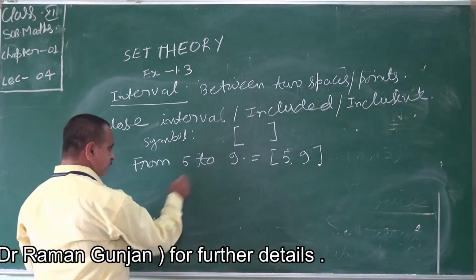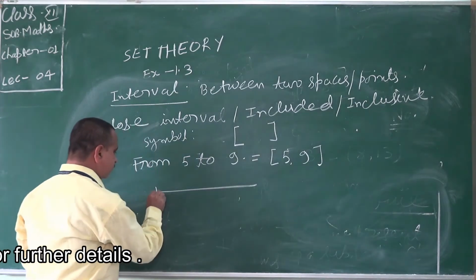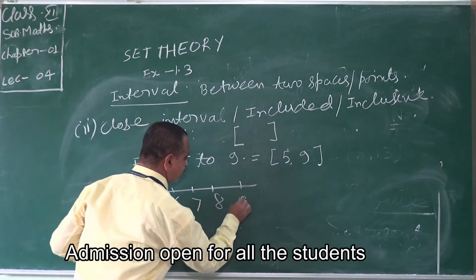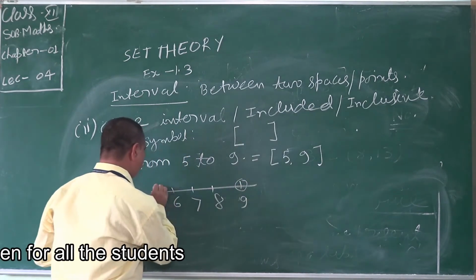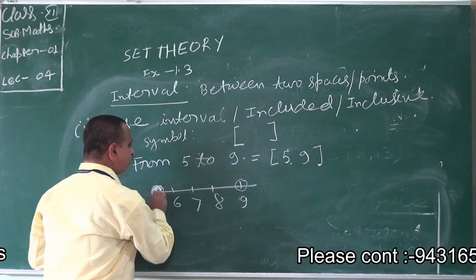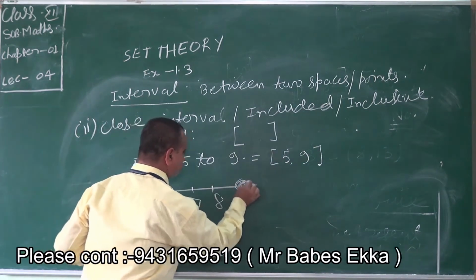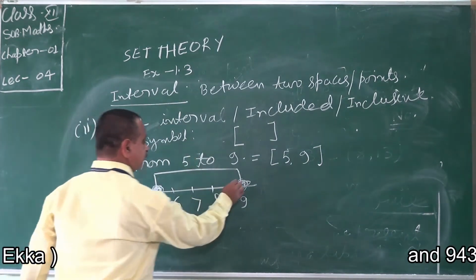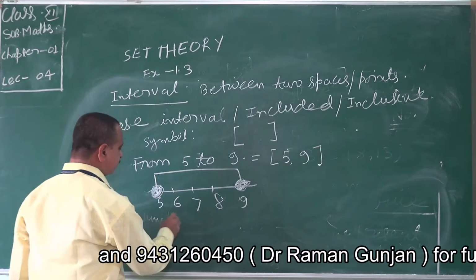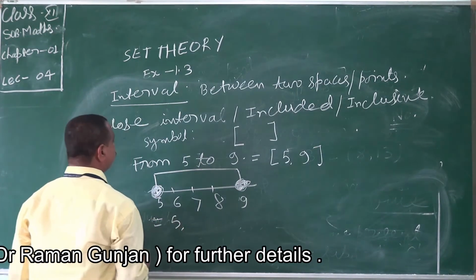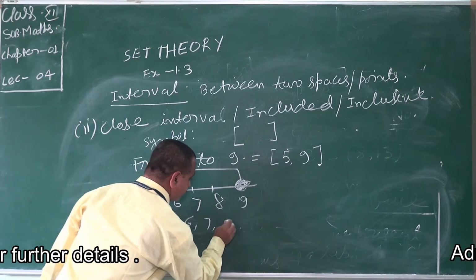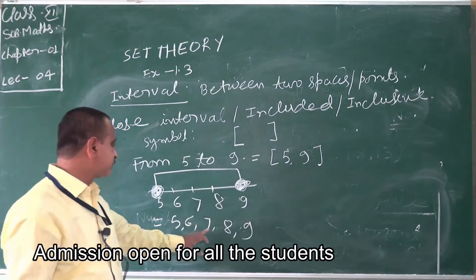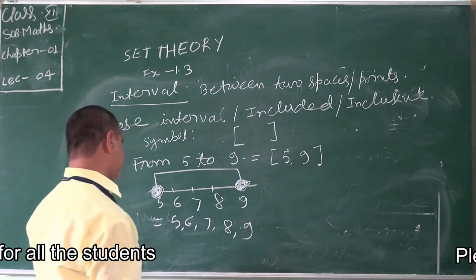And on the number line we represent 5, 6, 7, 8 and 9, and both end points will be included and you take them for calculation. If you take both end points in your calculation, then this type of interval is called closed interval. Our numbers from 5 to 9 are 5, 6, 7, 8 and 9, and there are 5 numbers among them.